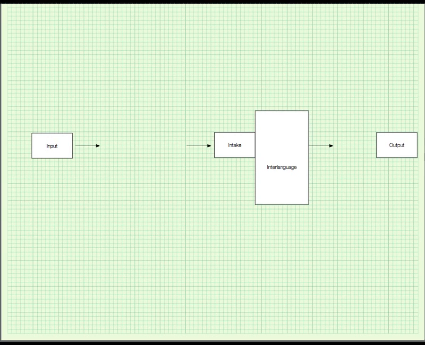So we'll start with the input hypothesis. The input hypothesis was propounded by Stephen Krashen, who observed that only language structures that are comprehensible to the learner at any given moment are candidates for acquisition. If we consider a language structure in context, like some kind of negative such as I don't like apples, the learner has to make meaning of the morphemes don't, as well as perceive its phonological form, the d, o, and t sounds, in order to have the potential to store it as a newly acquired linguistic feature.